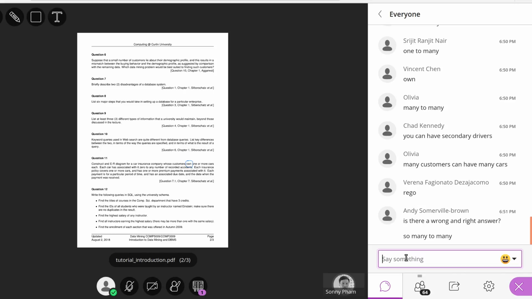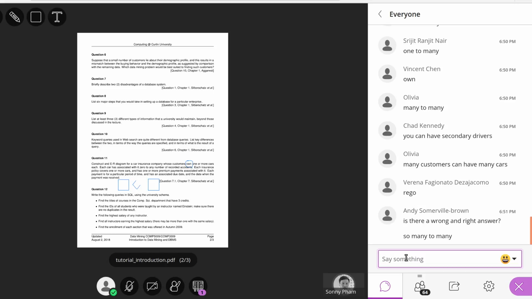So how can I draw something here? What I would like to see is, hang on, can I draw here? Yes. So you have a box representing a customer, and another box representing cars, and then you have a line. Here you have one, here one.